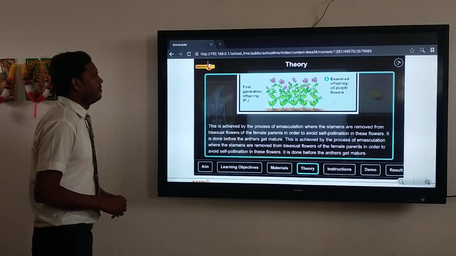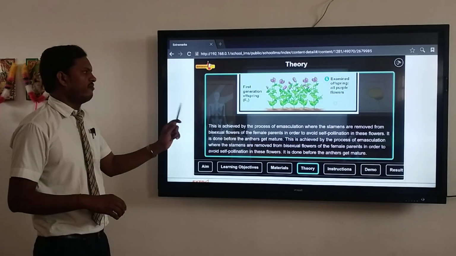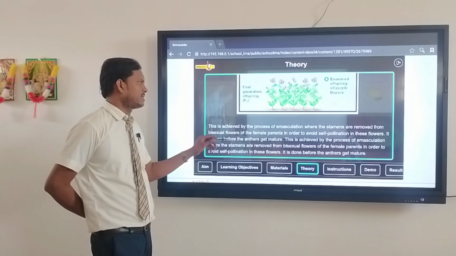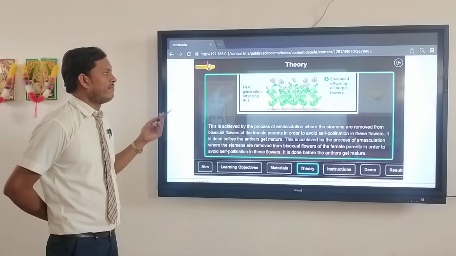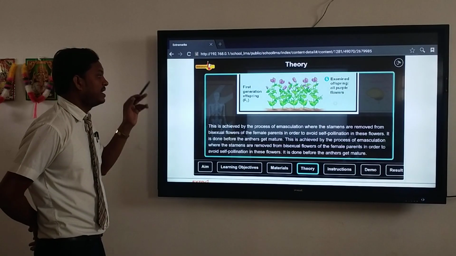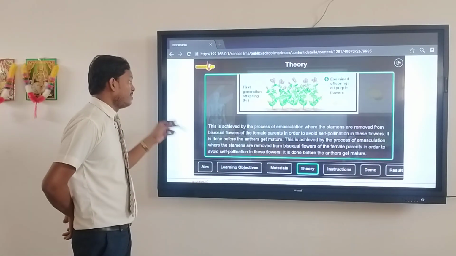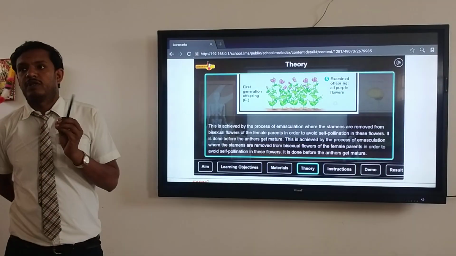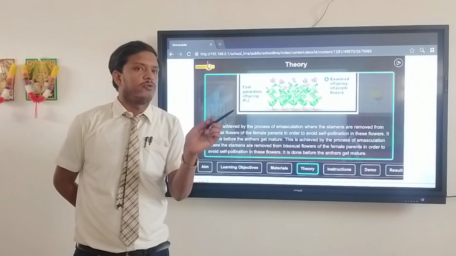This is achieved by the process of emasculation, where the stamens are removed from the bisexual flower of the female parent in order to avoid self-pollination in this flower. It is done before the anther matures. Once the anther matures, it ruptures and the pollen falls.